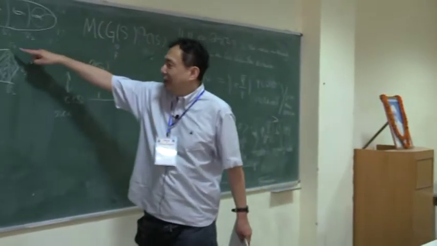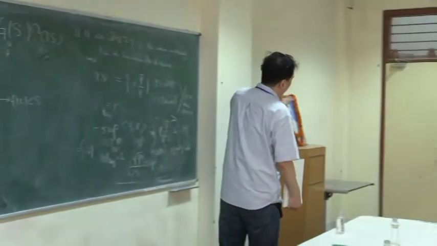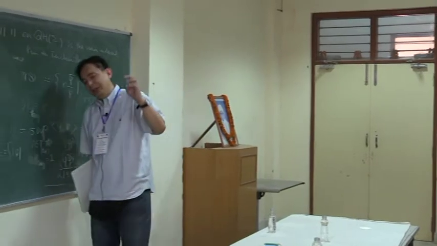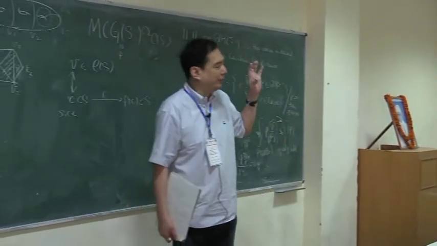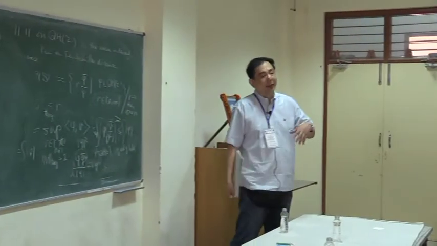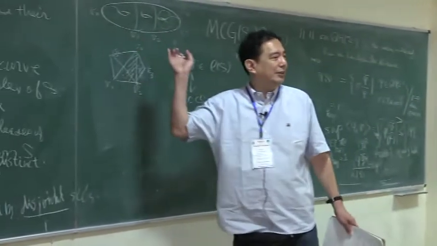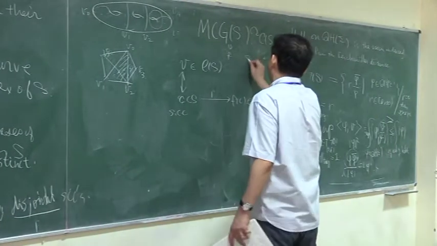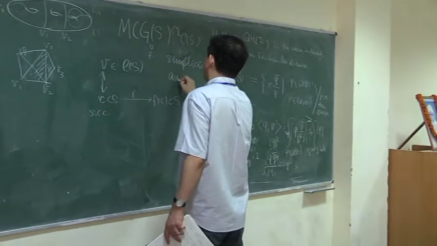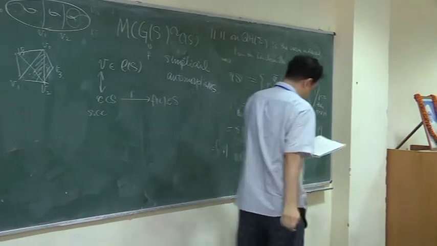And of course, disjointness is preserved by the homeomorphism. So if some n plus 1 vertices span a simplex, then the images of those vertices also span a simplex. So that gives simplicial automorphisms. Okay.